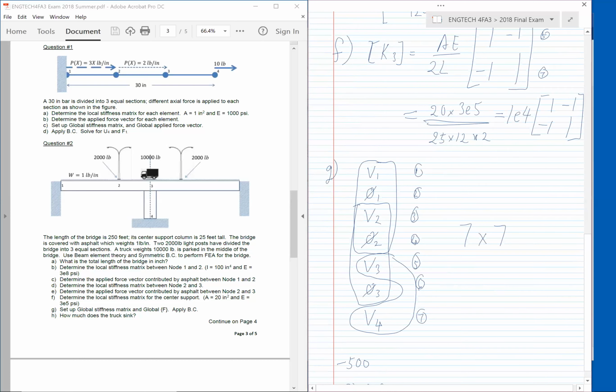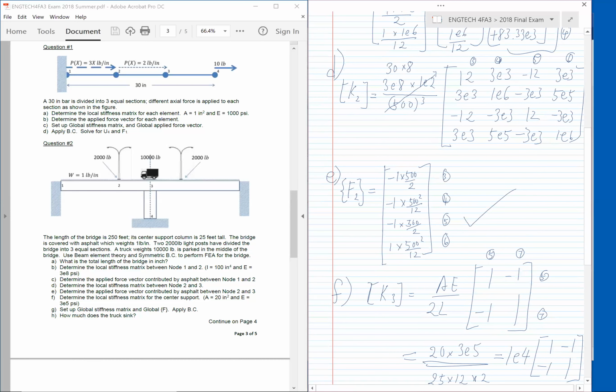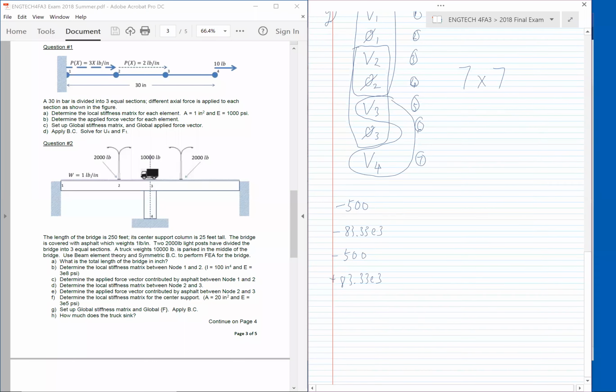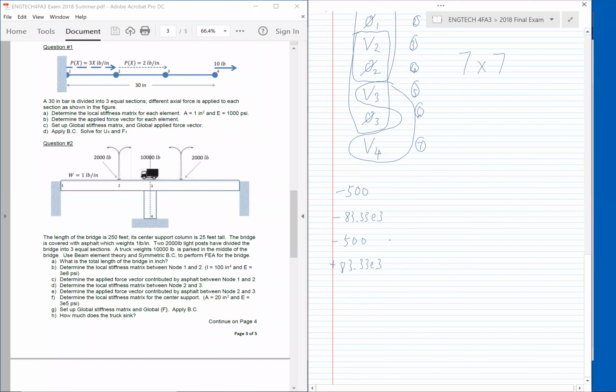Now the second element, the shorter one, so it's negative 250, negative 250.